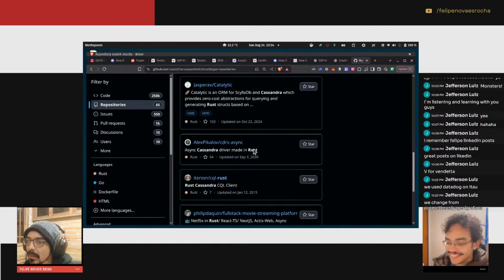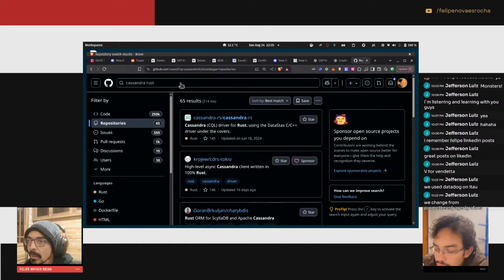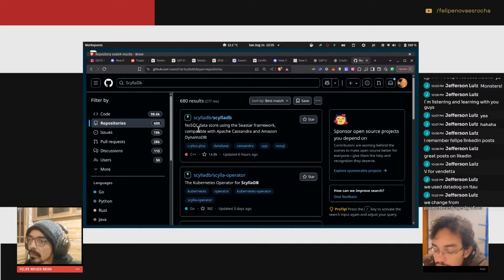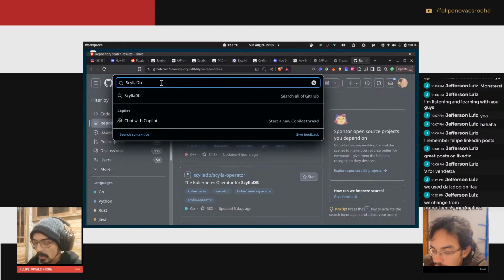I think Cassandra in Rust is going to be awesome, because they created ScyllaDB, and that one is Cassandra in C++. Ah, that's the one they use for trillions of messages, right? Yes, C++. It's compatible with Cassandra and Dynamo.